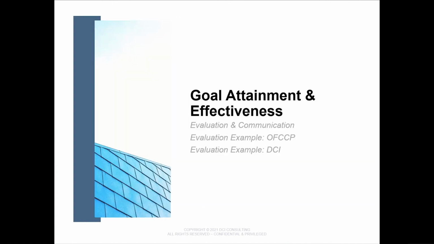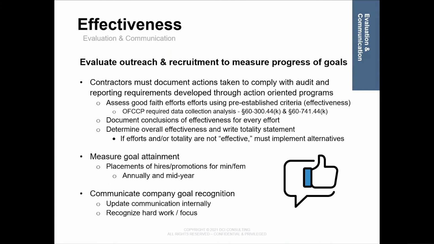Let's move now to goal attainment and effectiveness, looking at evaluation and communication, and we have two examples. Evaluate outreach and recruitment to measure progress of goals. So contractors must develop and implement this internal audit and reporting system that we spoke about on the previous slide that's going to periodically measure the effectiveness of your total affirmative action plan.